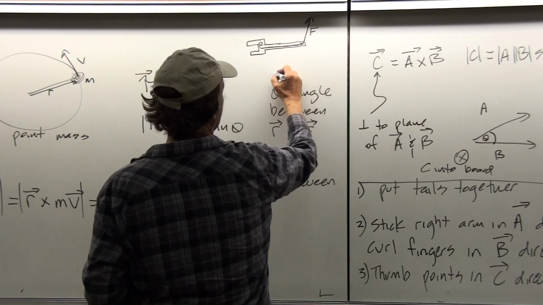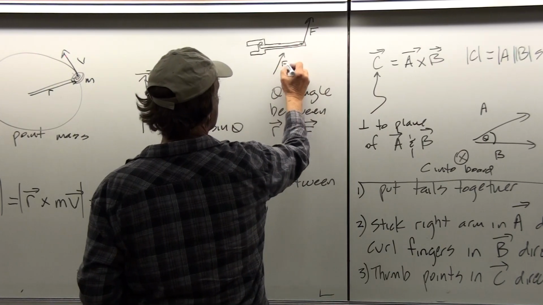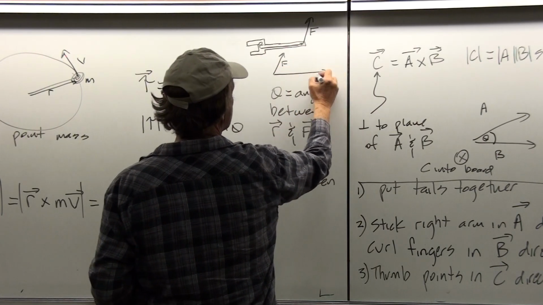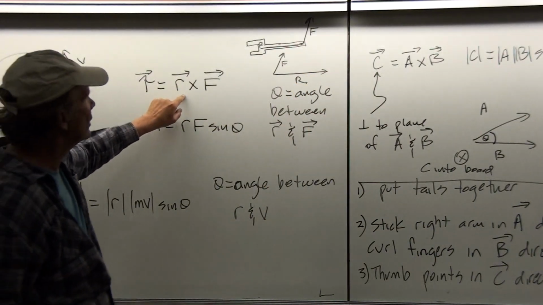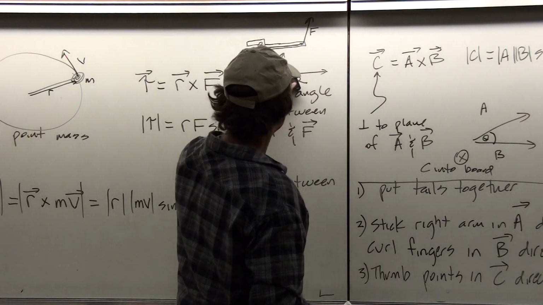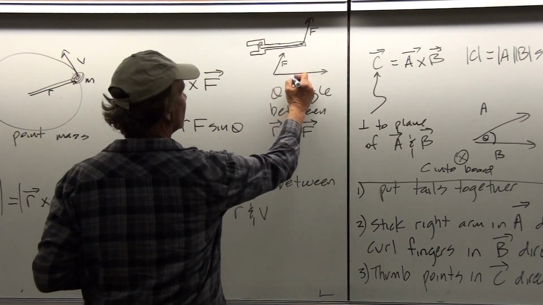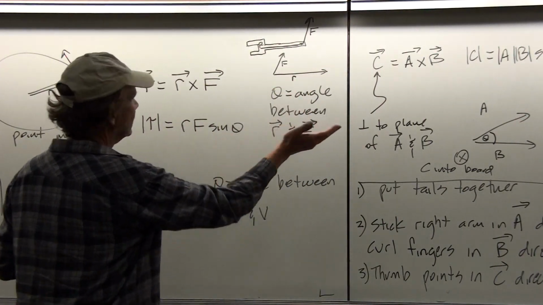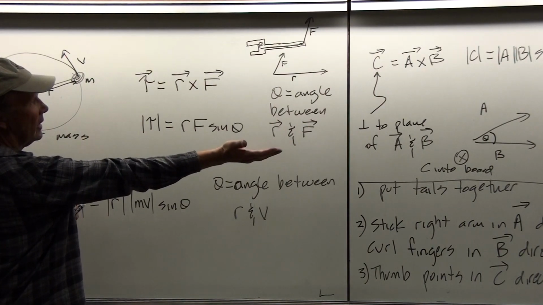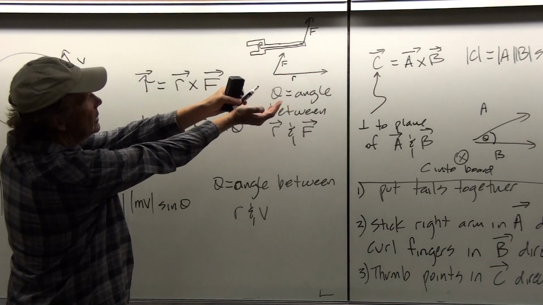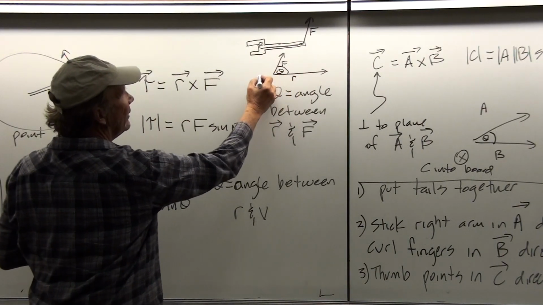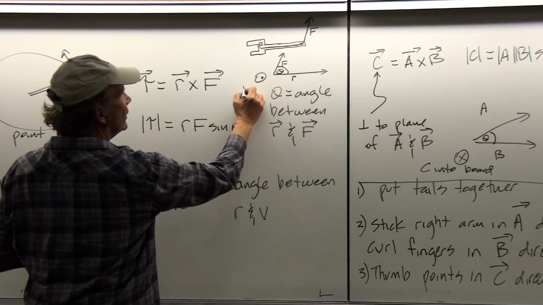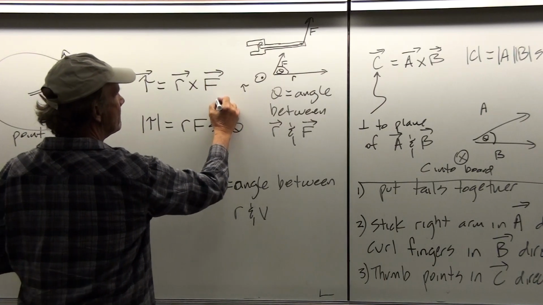Then I can put r and F together, and we see here that it's r cross F that is the direction of the torque. Okay, so then this is going to be stick our arm in the direction of r, curl our fingers in the direction of F, and that'll give us a torque that's out of the board.